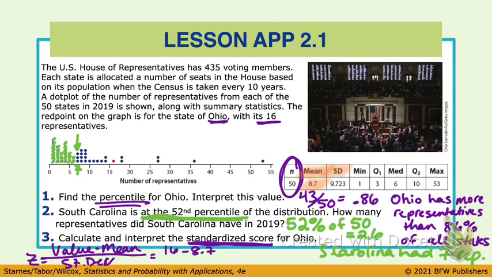And then we're going to divide by the standard deviation, which is 9.723. And that gives us 0.751. So what that means is Ohio is 0.751 standard deviations above the mean.